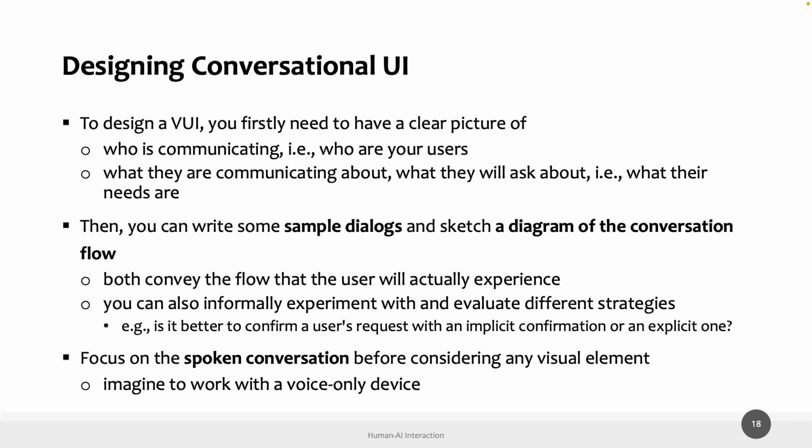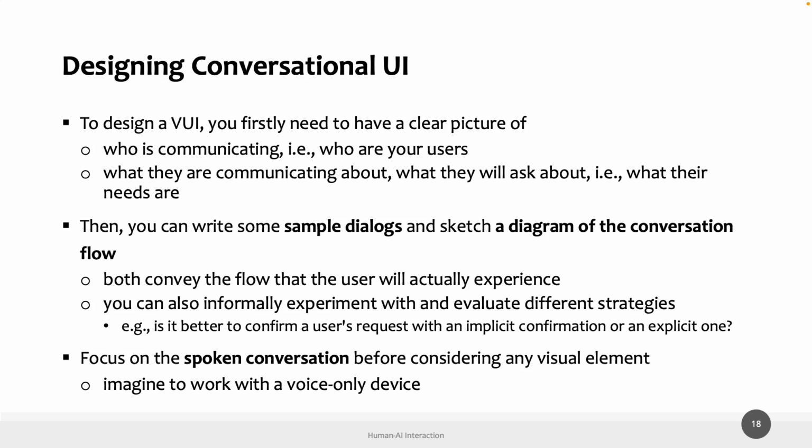So to design this kind of interfaces, we can establish a process in which the first phase is to get a clear picture of who our users are and what their needs are. So what they will communicate, what they will ask, and so on.